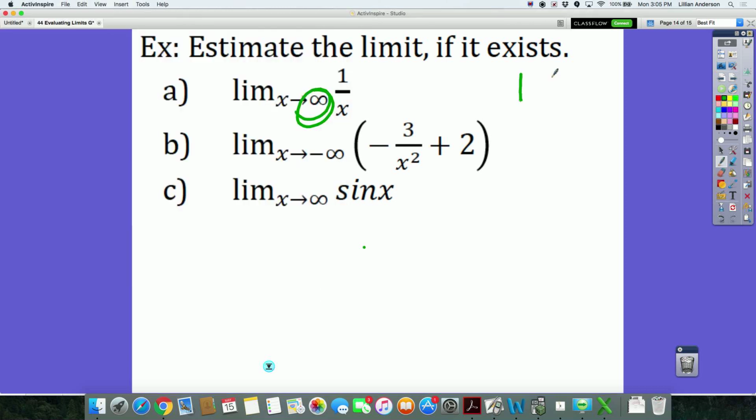Yes. 1e to the negative 4 is basically 1 times 10 to the negative 4. That's 0.0001. Sorry, scientific notation. So it's getting closer and closer and closer to 0.